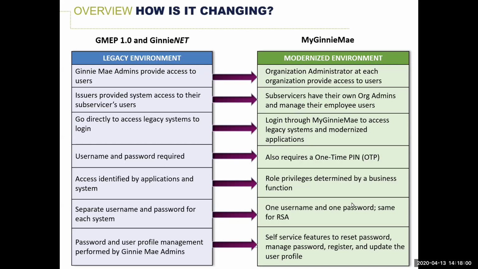A lot of those functions are self-help, meaning users can reset their own passwords now if they have forgotten their password or need to change their password. You as the organization administrator can assist them with that. You can also unlock their account if their account gets locked. So a lot of those functions you have the ability to manage as an end user or as the organization administrator within your organization. Next slide.